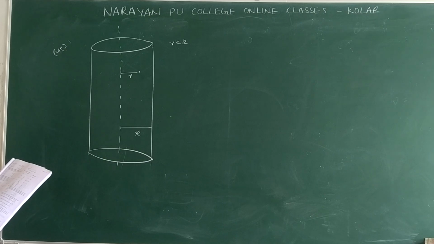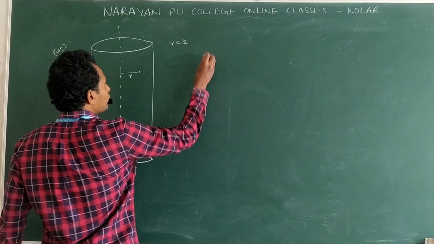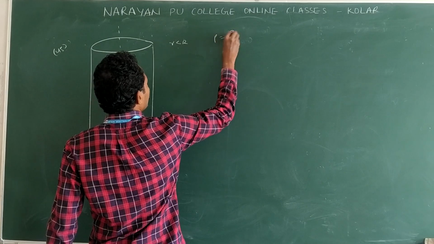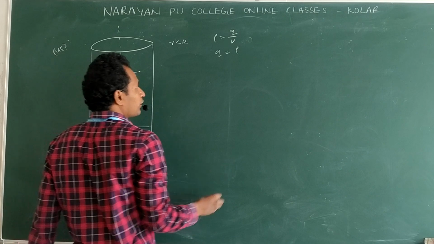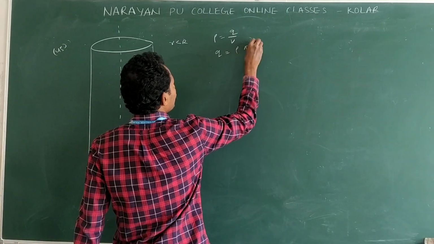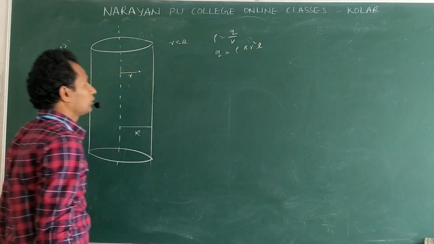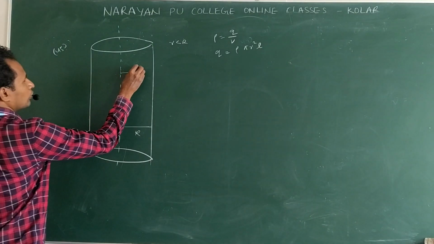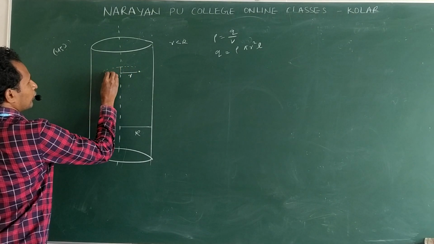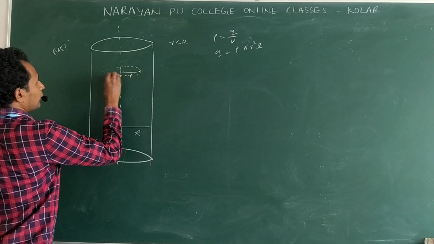So the charge is distributed throughout the volume. Then how do you write? Volume charge density rho is equal to charge per volume. Q is equal to rho into the volume of the cylinder, which is pi r square into L. Clear? Now follow the Gauss law.